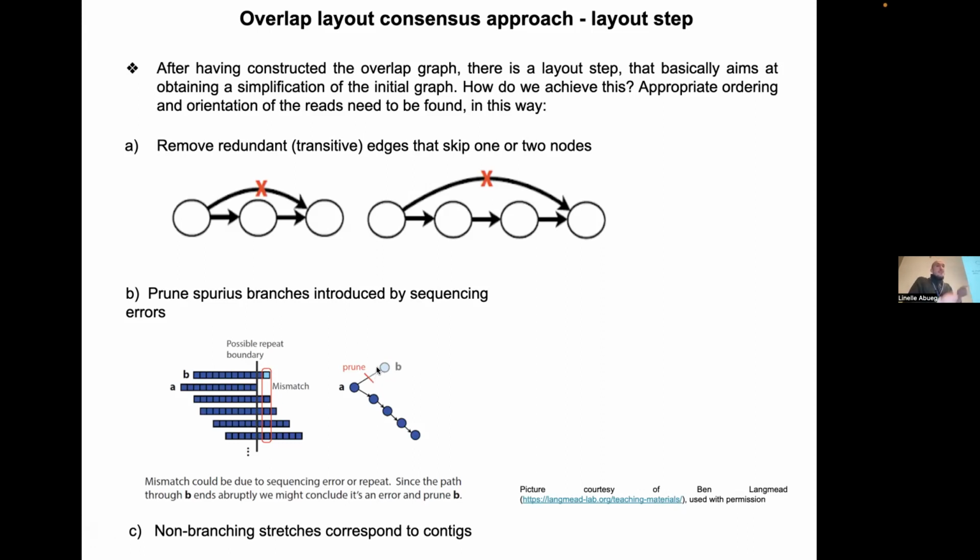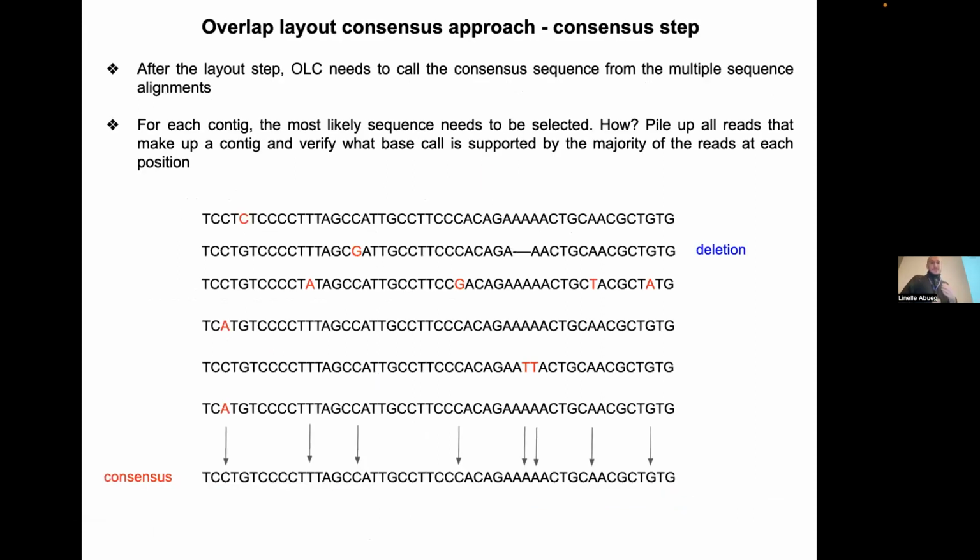Again, if we try to touch that node, we have no way to go back. So we prune it and get rid of most of these artifacts that are left in the graph from sequencing errors. And then we are left with non-branching stretches that correspond to our contig sequences, okay? So that's the general idea. And there are a lot of tricks like this that allow us to polish the graph.